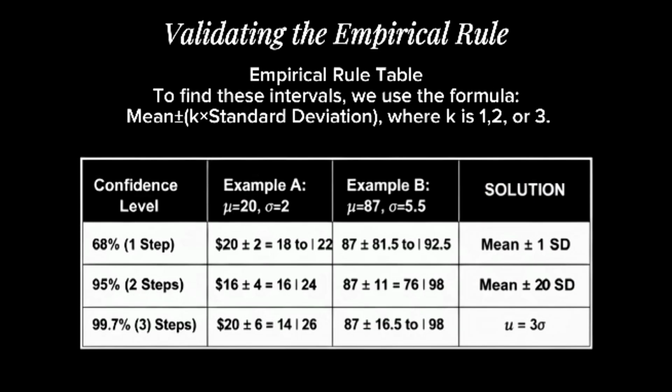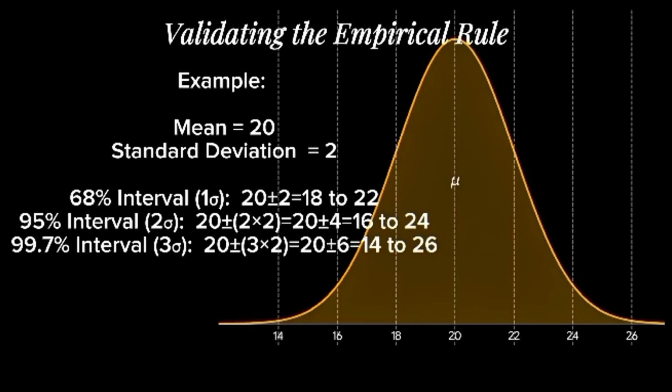On this part, we have a table to help us practice calculating the zones quickly. It doesn't matter how large or small the numbers are. The logic stays exactly the same. To find the interval, we use the formula mean plus or minus k times the standard deviation, where k is 1, 2, or 3. In example A, our mean is 20 and our standard deviation is 2.